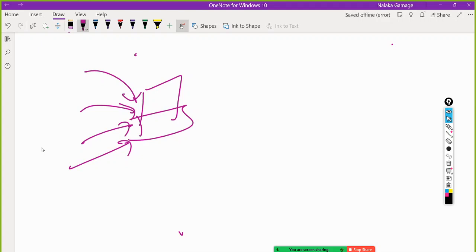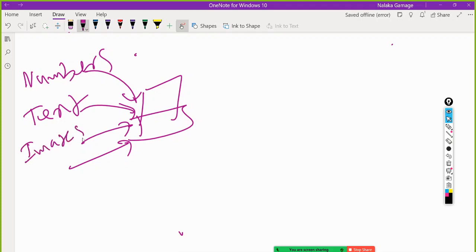So first of all, numbers. Yes, numbers can be processed. What else? Words. Okay, we call it text. What else? Images. Yes, images. Anything else? Sound, audio. Videos. Yes, video.